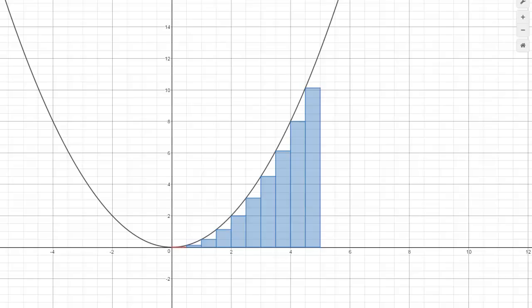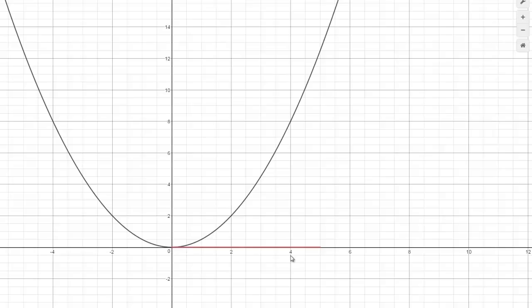Since this is a left-hand sum, notice here you don't see anything. That's because with a left-hand sum, I'm using the height that's above the left-hand endpoint of my rectangle.